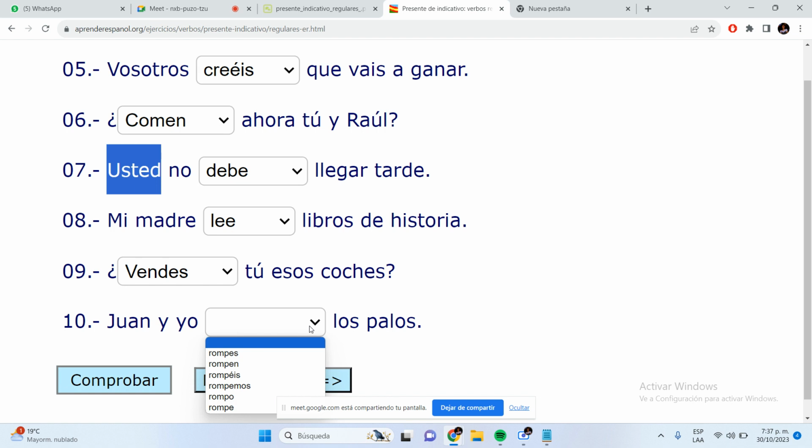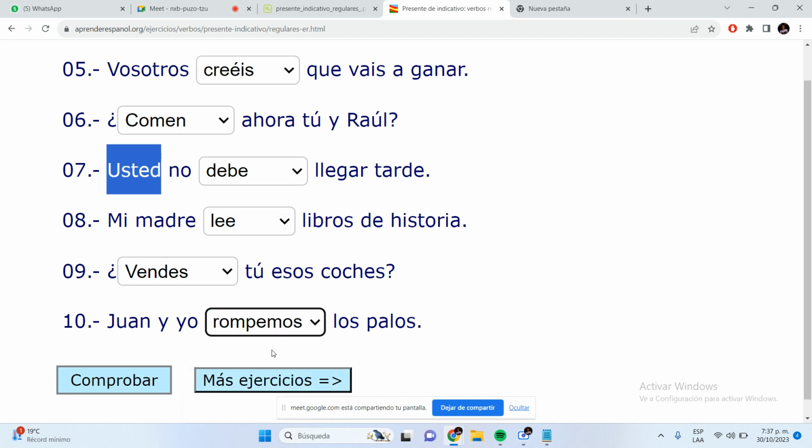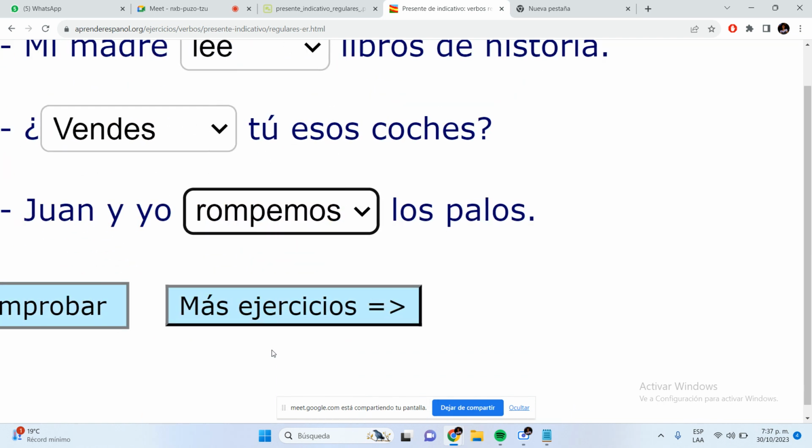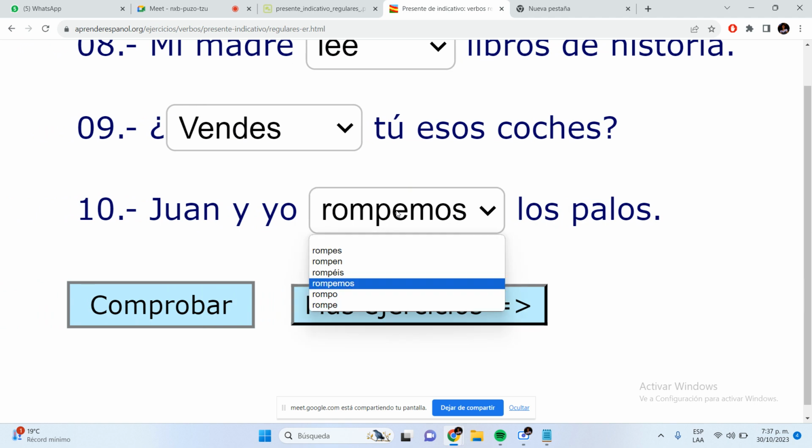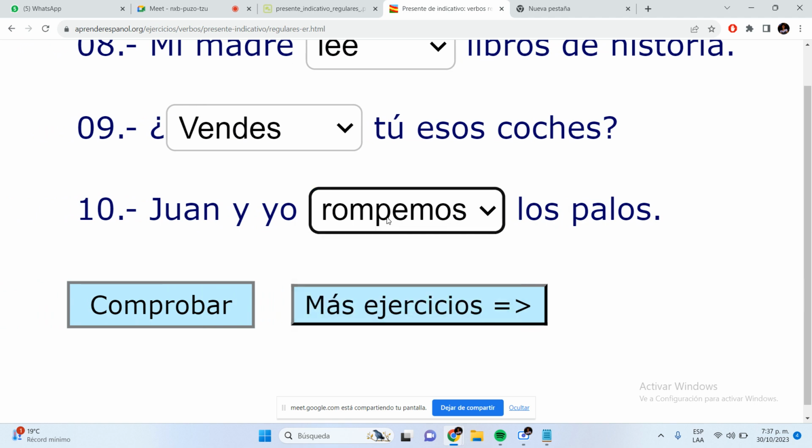Okay. Juan y yo are nosotros. Like Juan and I are we, right? Oh, I see. Juan and I are we. So it'd be rompemos. Rompemos. It's hard for me to see. It's so small. I'm sorry. But when the list is there, they're very small. Yeah, rompemos.